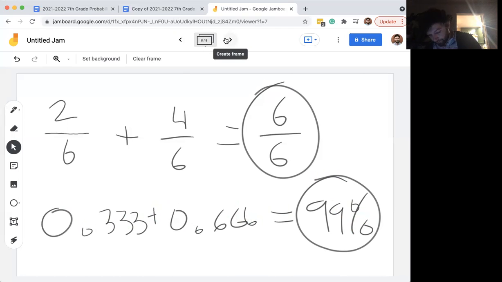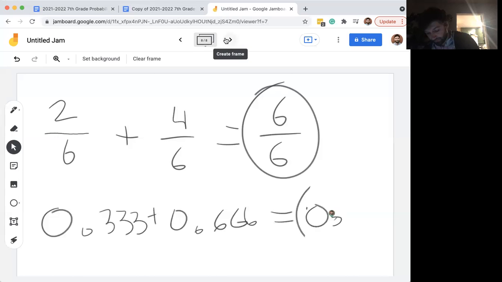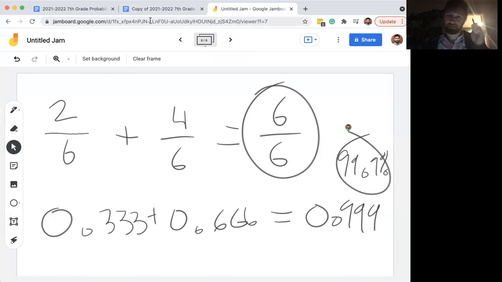They add to equal 0.999. It's basically 1, it counts as 1. Or 33.3% plus 66.6% would equal 99.9%. So are they complementary events? Yes. Only one or the other can happen.